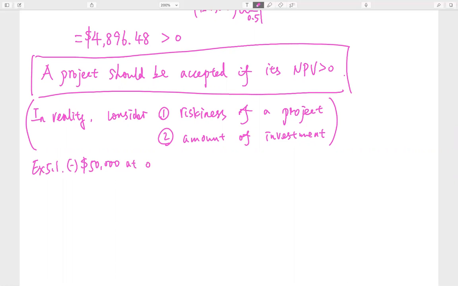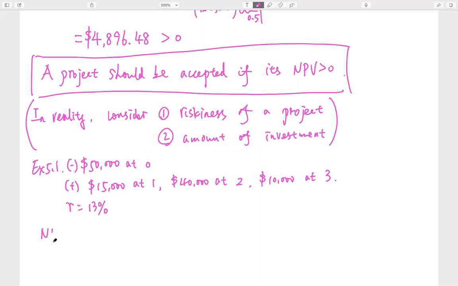The project will generate cash flows of 15,000 at first year, 14,000 at the second year, 10,000 at the third year. Okay, and it's known that the cost of capital is 13%. According to the NPV model, should you invest in this project or not?